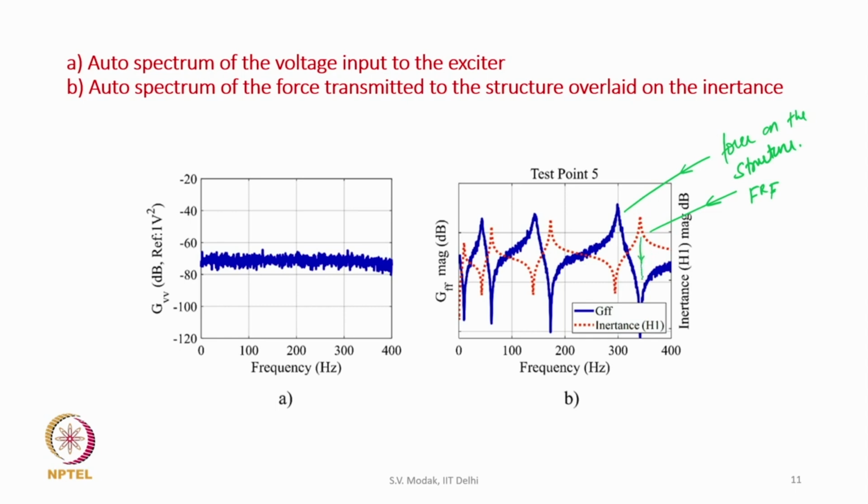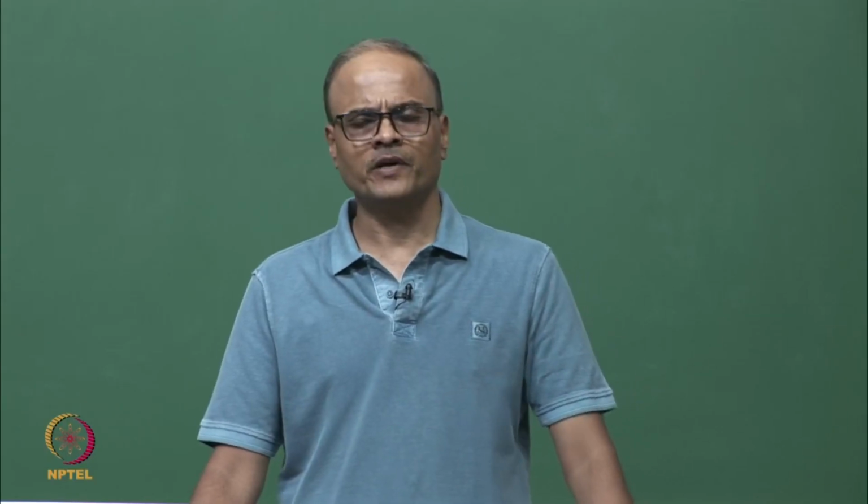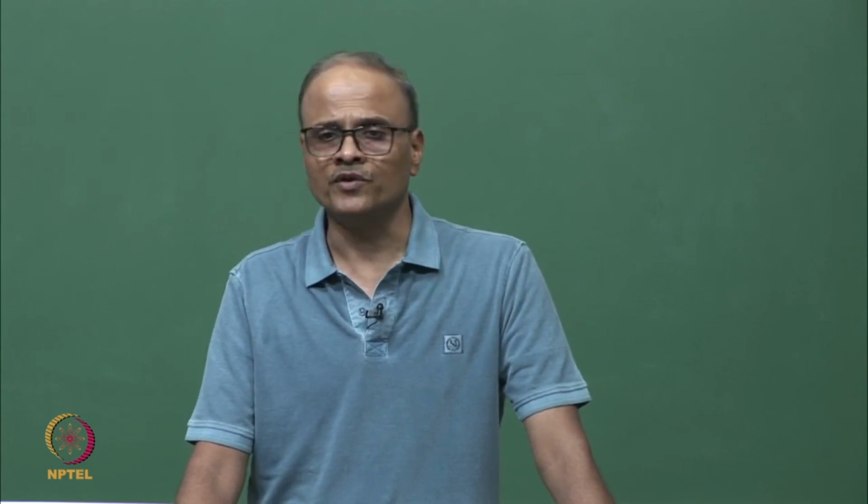At all these frequencies, the force magnitude drops significantly because of the force dropout phenomenon we studied earlier, and because of that the signal to noise ratio for the force signal is not so good, right, and because of that the coherence drops to lower values at these frequencies. So, the coherence at the resonance frequencies of the structure drops to low values. Therefore, having coherence less than 1 at resonance and anti-resonance frequencies is expected, and the FRF that is measured can still be considered a good estimate.